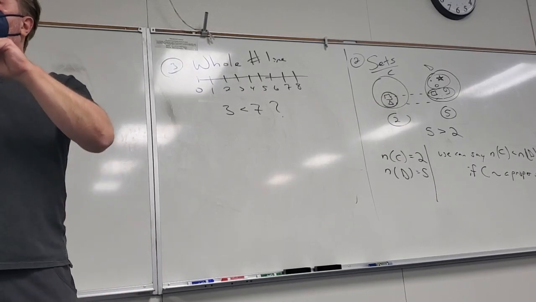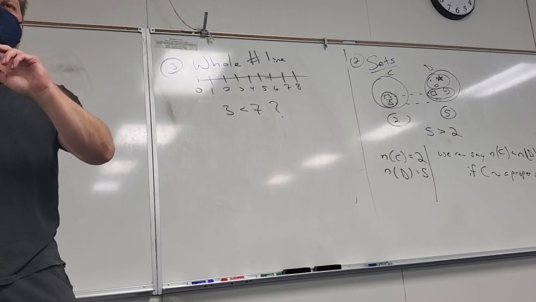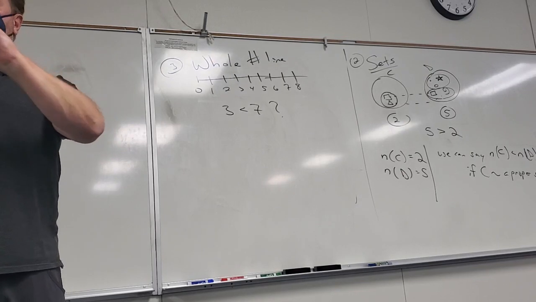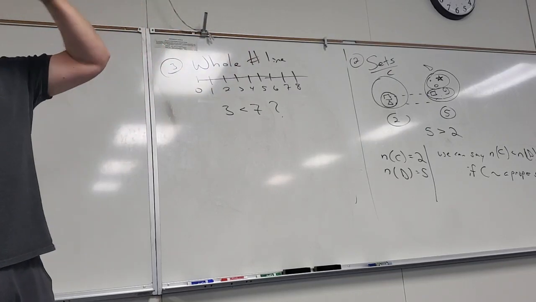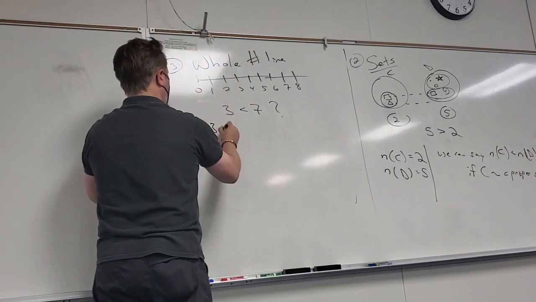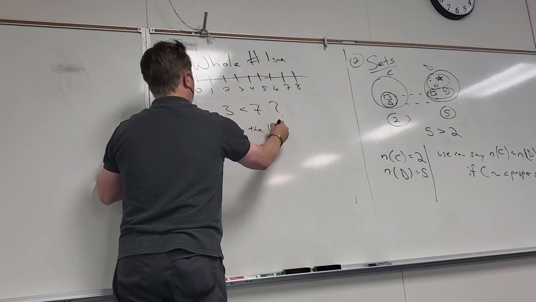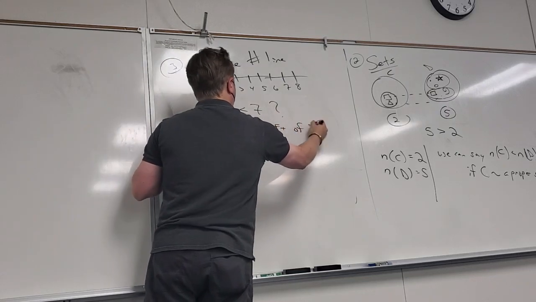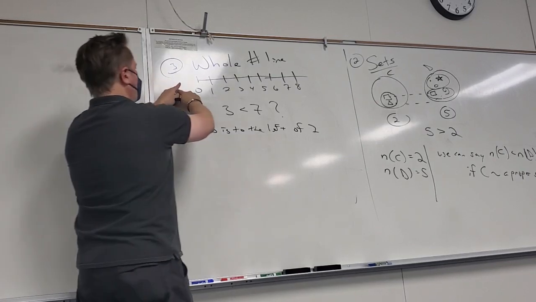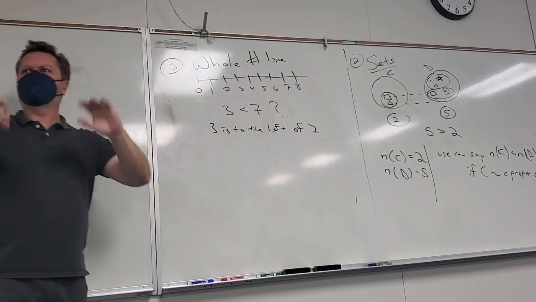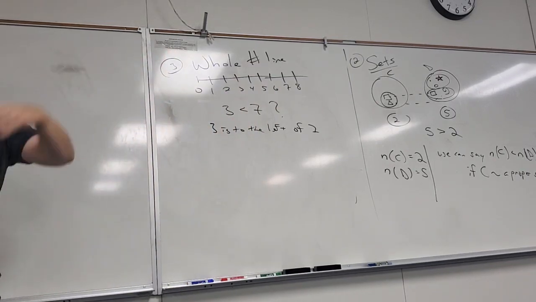Be careful about that. I like what you're doing visually there, because 3 is to the left of 7. Once we bring in negatives, negative 1 is closer to 0 than 6 is, right? Or the other way around.